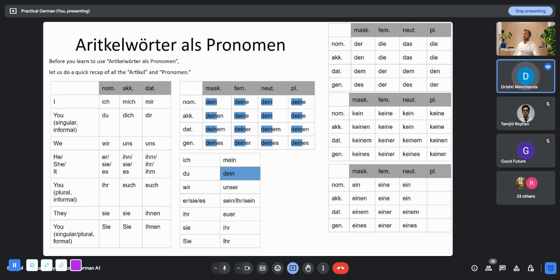Dein, deiner, deinem, deines. Seinen, seine, seinen, seines.